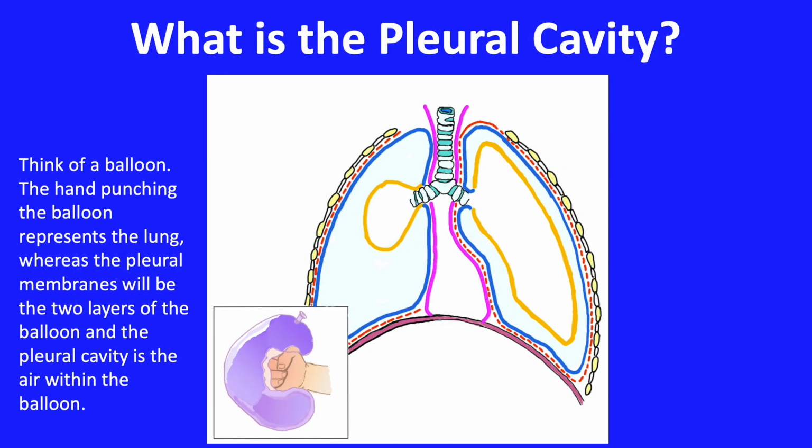Now that we can appreciate how lungs will present in X-ray images, let's discuss its lining, the pleura, and the space outside the lung tissue, the pleural cavity. In this drawing, a coronal section of the thoracic cage is presented.